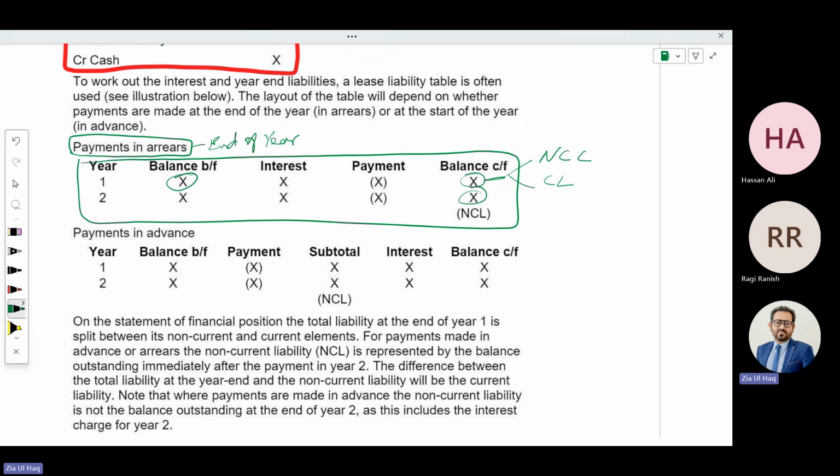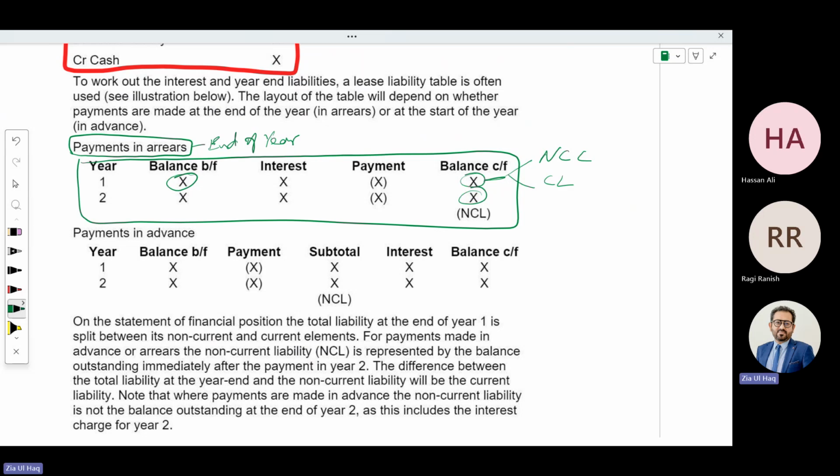If we are making payment at start of the year, then we will calculate like this: opening balance minus payment, then add interest, because interest will be calculated using the remaining balance.